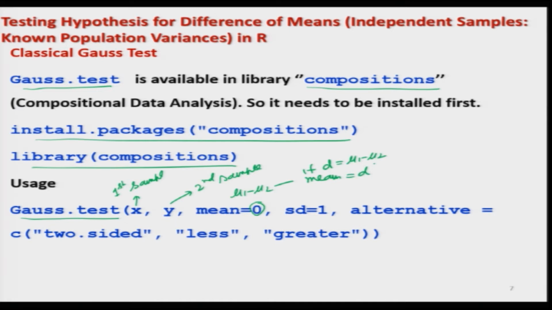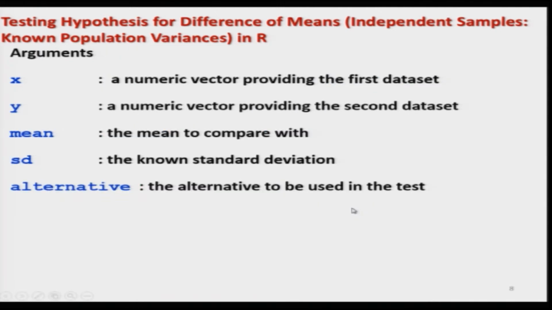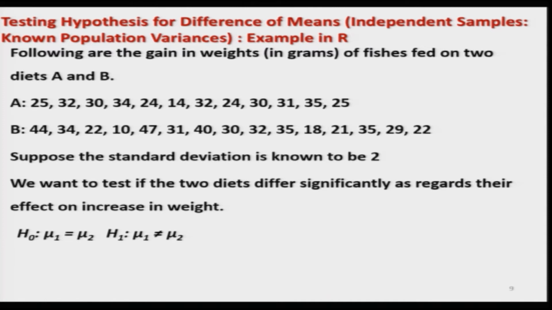But in this case, because we are considering the value of mu1 minus mu2 to be 0, we are giving it to be 0. Now the standard deviation you have to just specify, then the alternative you have to specify, whether you want two sided, less or greater, and then you can specify the confidence level also. Anyway, we try to use this test on a given set of data and see what we can do here.